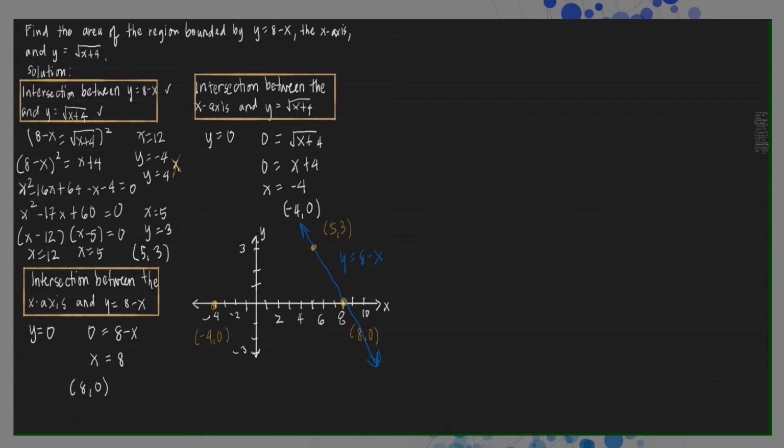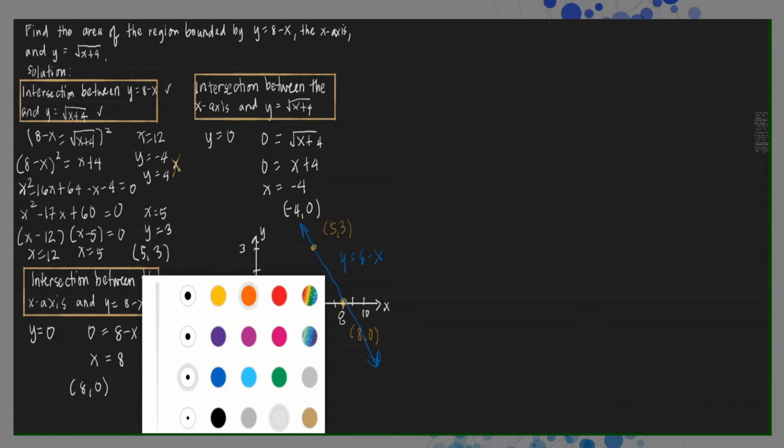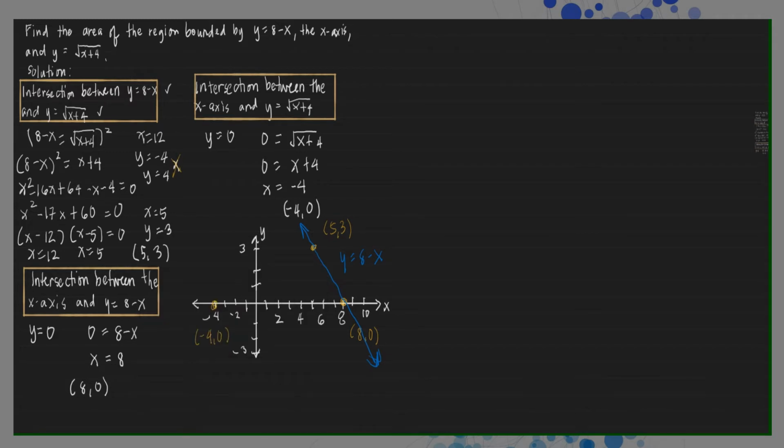And then y equals square root of x plus 4 will be passing through (negative 4, 0) and (5, 3). And since one of our boundaries is the x-axis, the described region will be as follows.